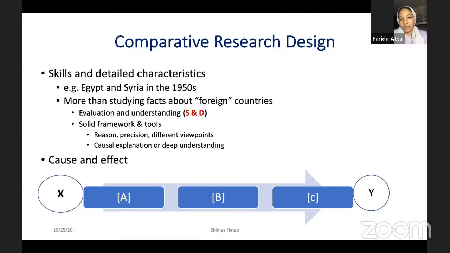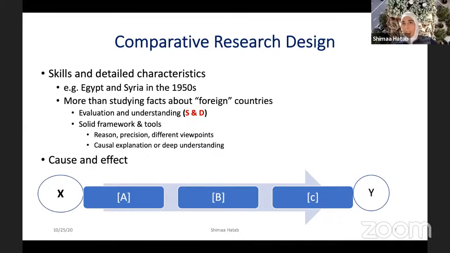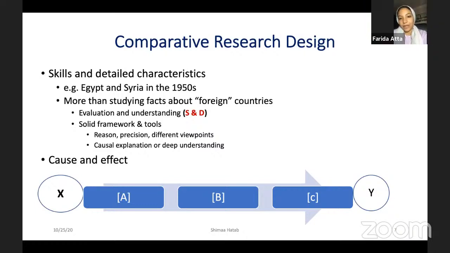So the civil war is the outcome, right? Exactly, this is what I want to get to. Yeah, this is your dependent variable that you need to explain. The dependent variable is the outcome, the Y. So you need some explanatory variables to explain why. Okay. Yes. Thank you.